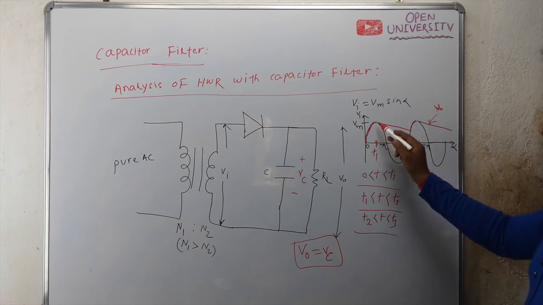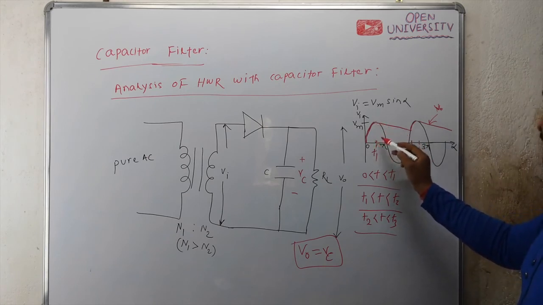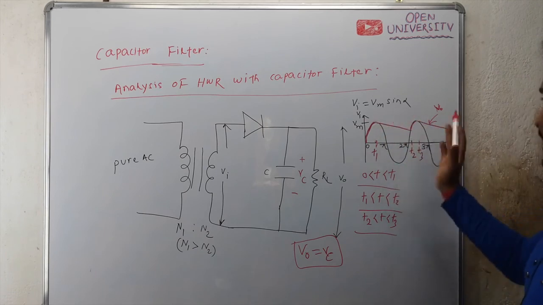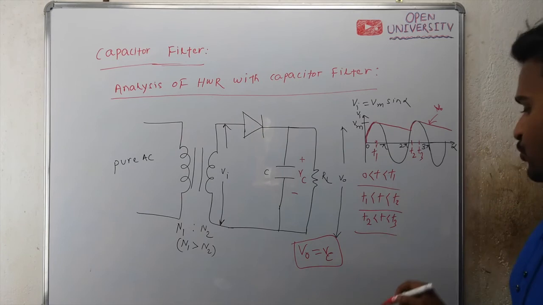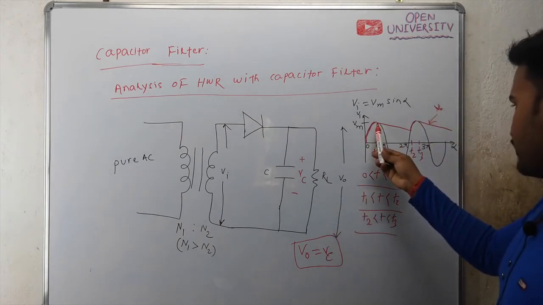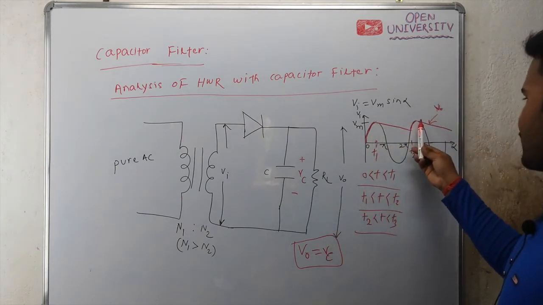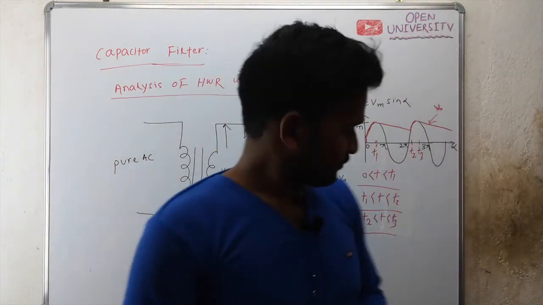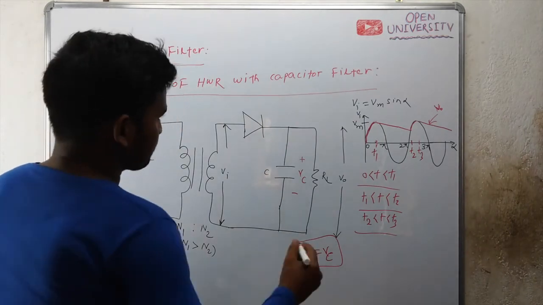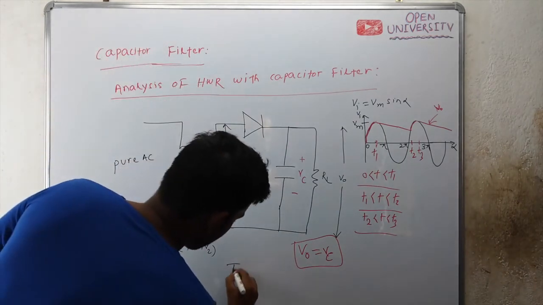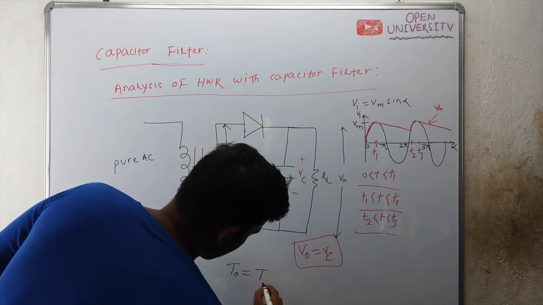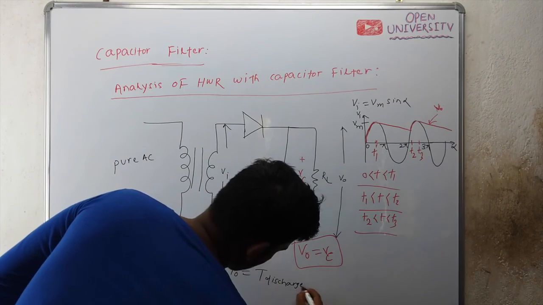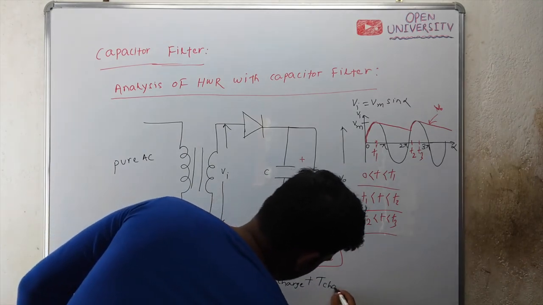If you see, from one peak to another peak is one time period. So in one time period the capacitor will discharge once and charge once. In one time period T naught, which is the sum of discharge time period plus charging time period.